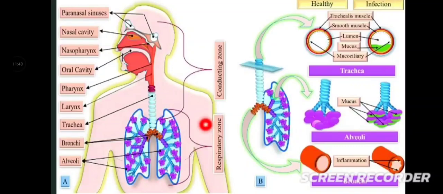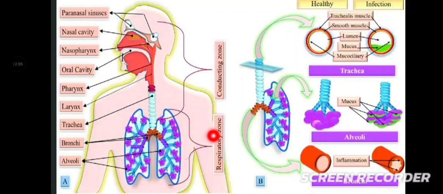As can be seen there, from the nasal cavity all the way up to the terminal bronchioles, you have the conducting zone, whose main function is conduction of air, and in the process conditioning it.